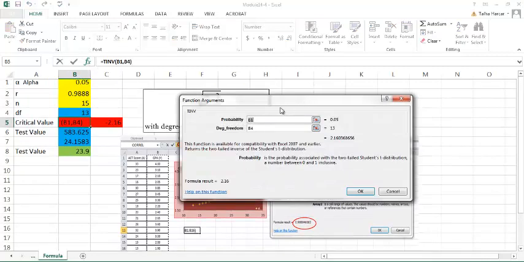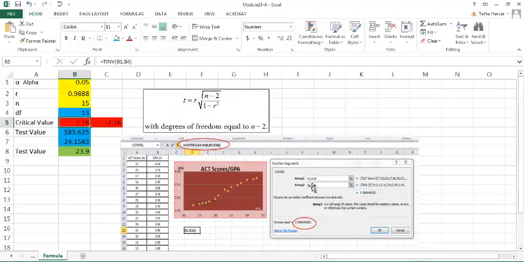B1 is the probability, which is alpha, and B4 is the degrees of freedom, 13. You enter B1 and B4 for the function. In this case you don't need to do this, you just need to enter the yellow parts, but I like to show you how I use the function.